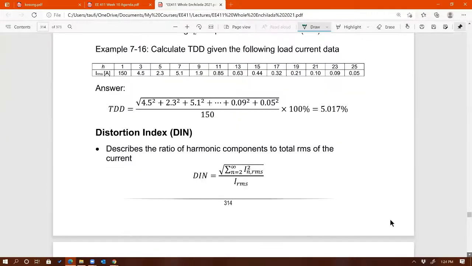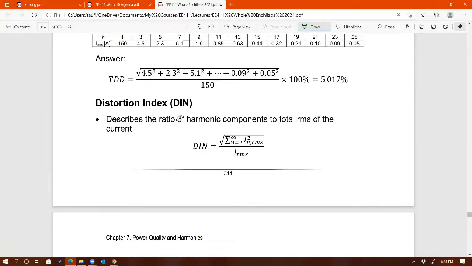Then the next one is distortion index. Distortion index is another way to quantify harmonics, as given by this equation right there. It describes the ratio of harmonic components to total RMS. So rather than the ratio of harmonics to fundamental component, such as in THD, in distortion index you take the ratio of the harmonics beyond fundamental divided by the total RMS of everything, including harmonics and fundamental.